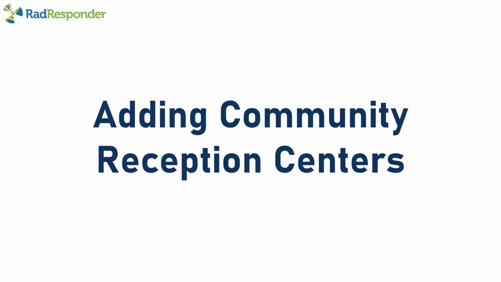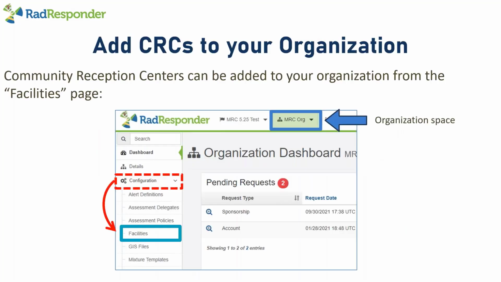So we'll now go ahead and get into the logistics side of how you can add community reception centers to your organization space. Adding CRCs to your organization is going to basically follow the same steps as adding any facility would. So from your organization space, you'll want to expand the configuration menu on the left-hand side and open up facilities.